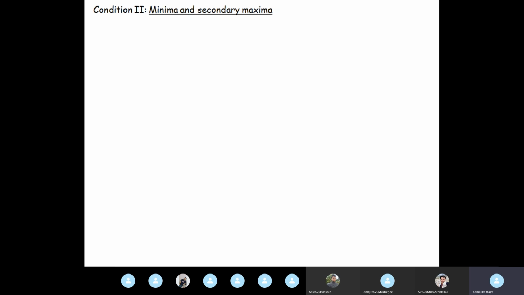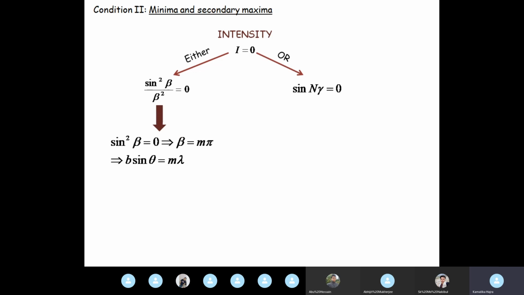Now, minima means, since it's a product term, I equal to 0, intensity 0, and this is possible either when sine squared beta by beta squared equal to 0 or when sine n gamma equal to 0. Now, sine squared beta by beta squared equal to 0, we know is given by beta equal to m pi. Putting the value of beta, this is the condition, b sine theta equal to m lambda.